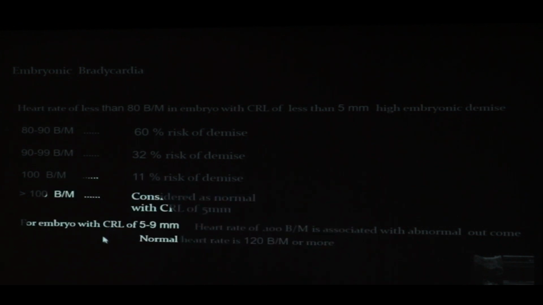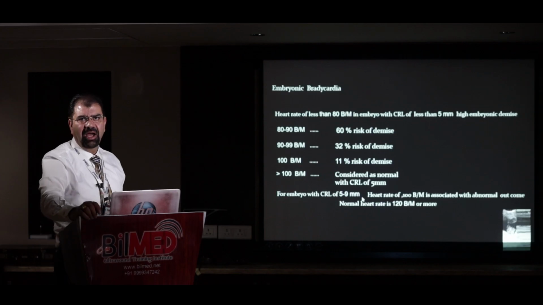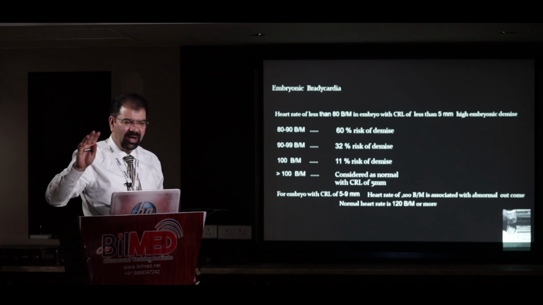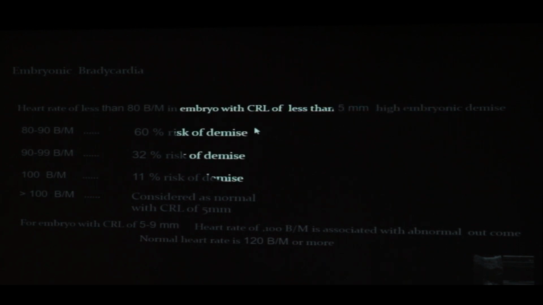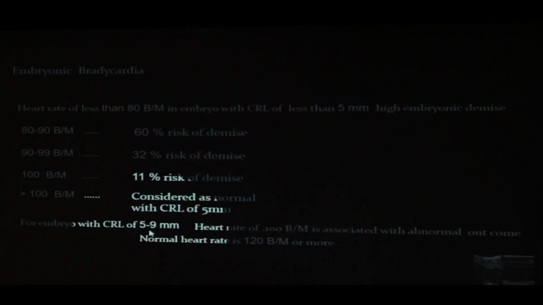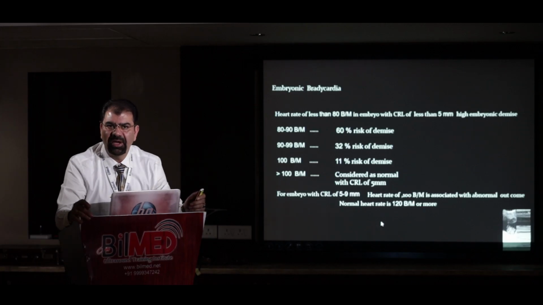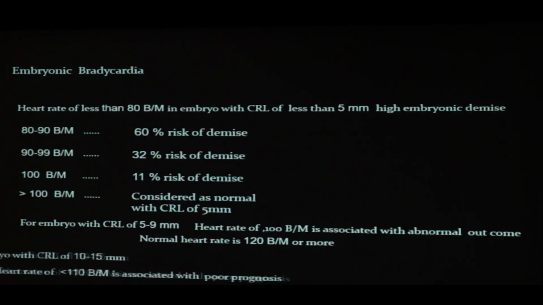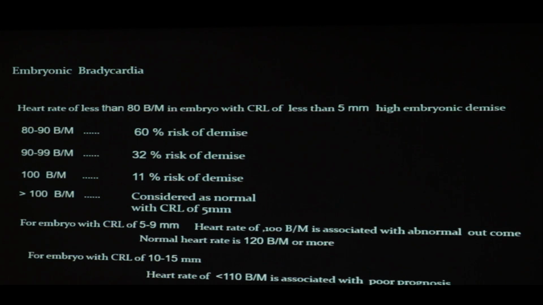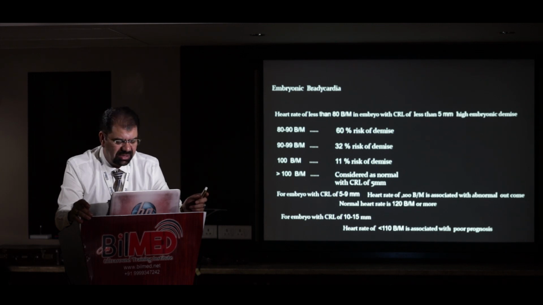So now see, we are correlating. We have to correlate it with CRL. Now see, the fetus is having a heartbeat of 110. 110 is normal if the CRL is 5, but abnormal for a CRL of 7. So I have to correlate it with CRL. So with increasing CRL, the heart rate is also increasing, and with a dip in the fetal heart rate, the risk of demise is increasing.